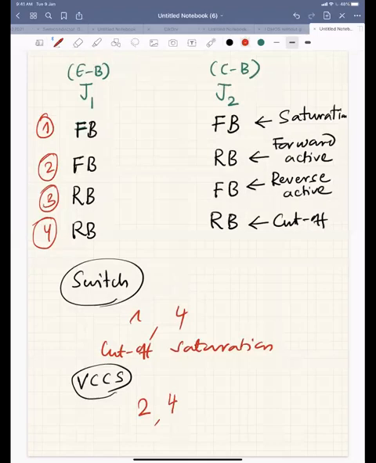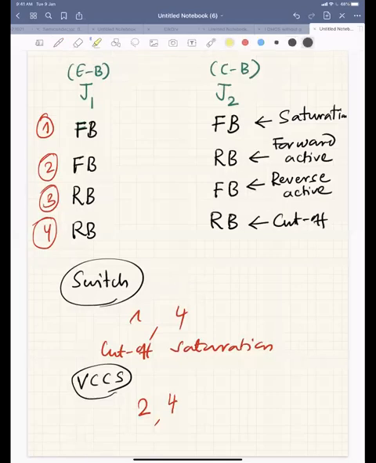Active mode is most popular because we use bipolar junction transistors in analog circuits and very high frequency RF circuits. But in digital applications, we use it between saturation and cutoff.